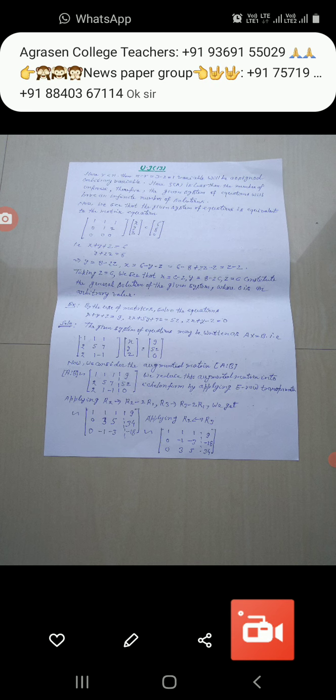The given system of equations may be written as a single equation AX = B. That means A, that is the coefficient matrix, in the first row has 1 1 1, from equation number 1.